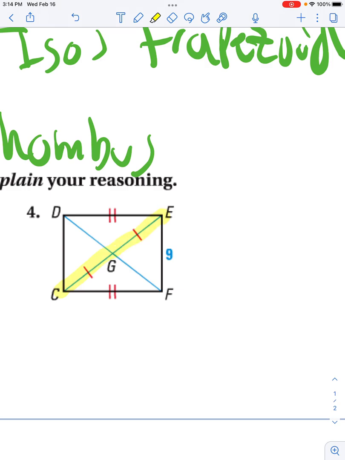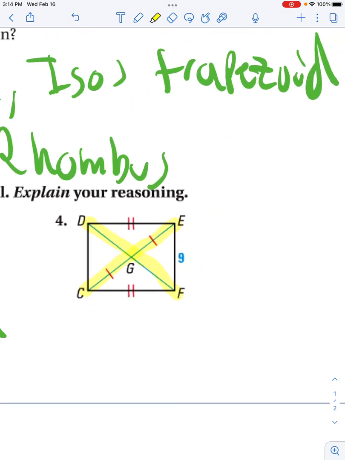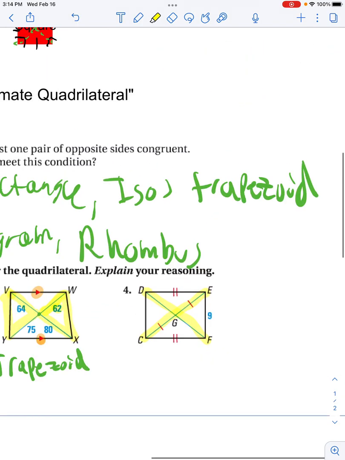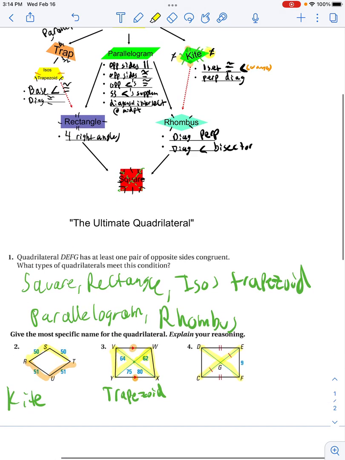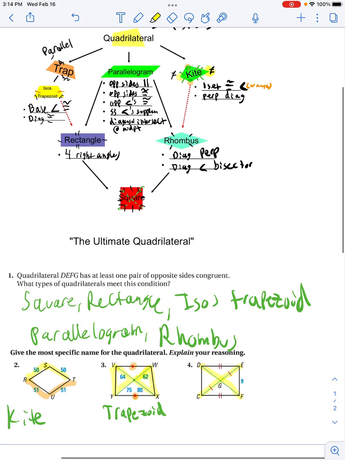Over here, I see that I have the diagonals are found at the midpoint. So that's going to be true for both. And I have one set of congruent sides over here. I don't know about this other set, DC. I'm unsure about that one.